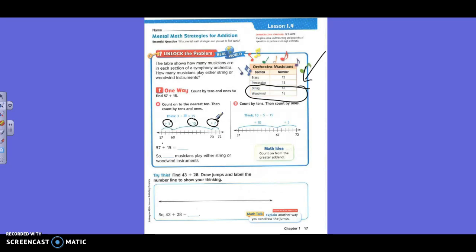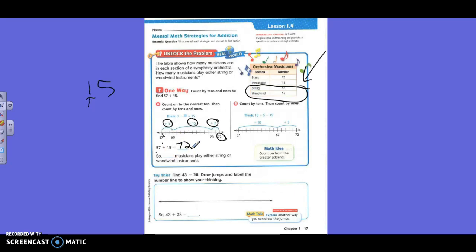So they jumped 3 to 60, and then they jumped 10 because there is 1 ten in 15. And then they jumped the other 2 for 15. So 57 plus 15 ended on what number? 72. So 57 plus 15 is 72.